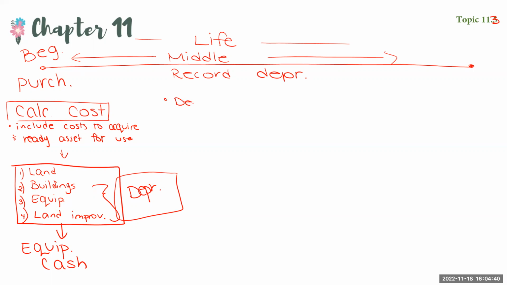Depreciation is a systematic method of assigning the asset's cost over its useful life.